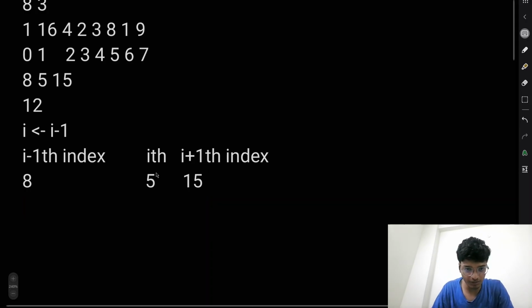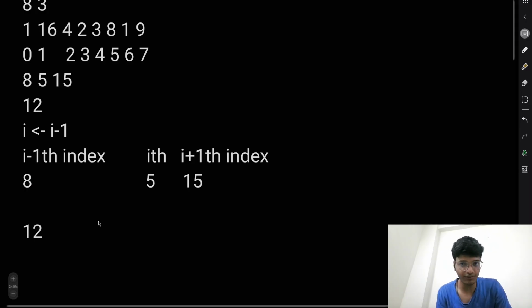But when we move in decreasing order, then 5 will definitely change to 12, and then the I minus 1 index will also change because of it. So we have done it in two loops. First we handled the I minus 1 index, that is its previous index, and after that its adjacent future index.